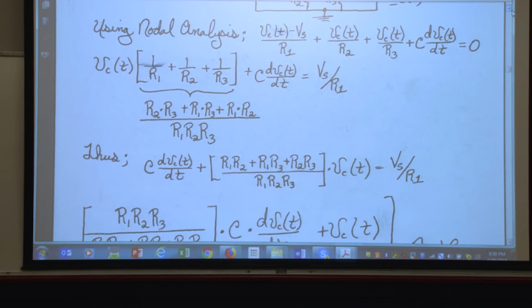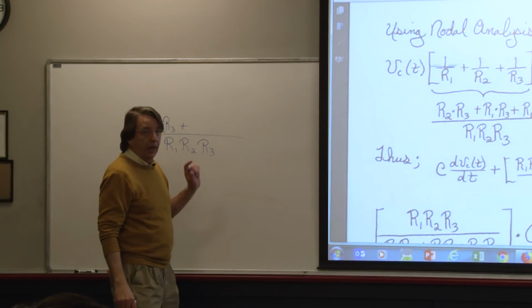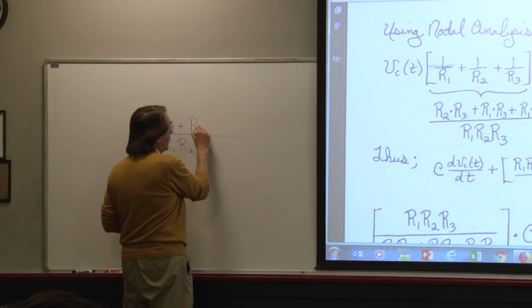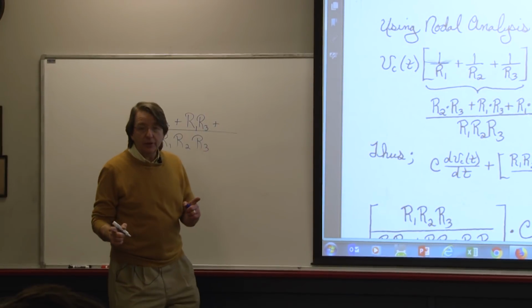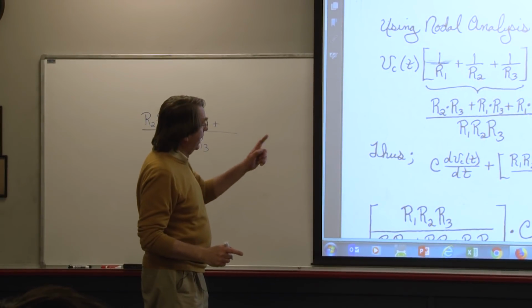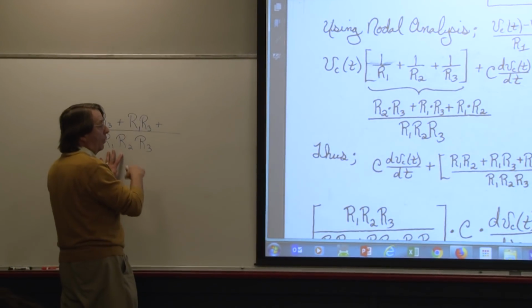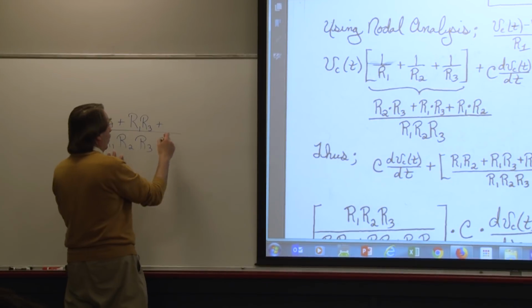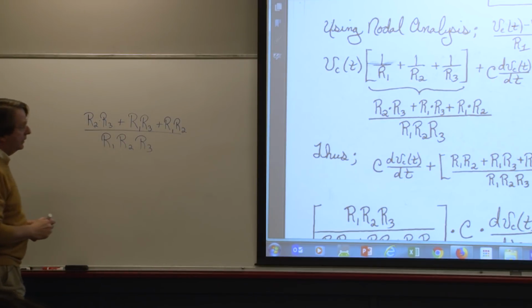So I get R2 times R3, plus R2 goes into this common denominator R1 times R3 times, and I multiply it by 1. So I get R1 R3. And then the last term is R3. R3 goes into the common denominator R1 times R2 times, and all of that times 1. So I get R1 times R2. I think then the rest is just rearranging terms.